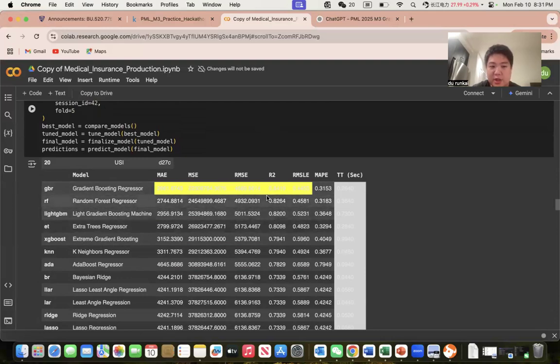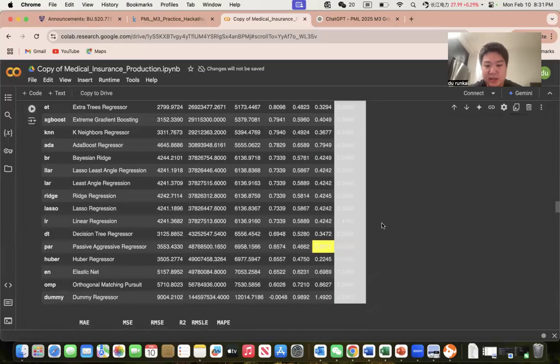The GBR has the highest R square, which I prefer, and has the lowest MSE, which means it has the lowest mean square error compared to the real data. So this means the GBR model has the highest accuracy.